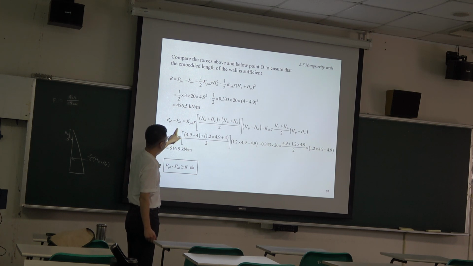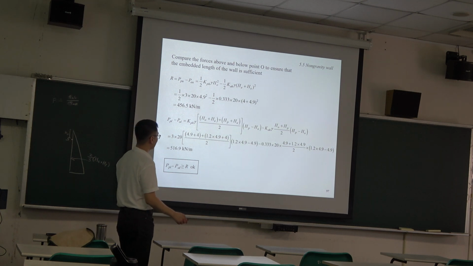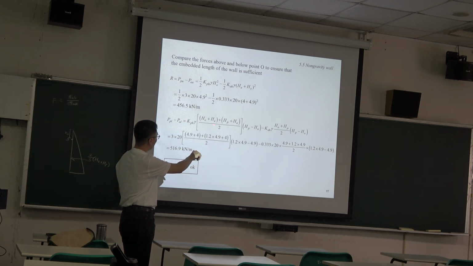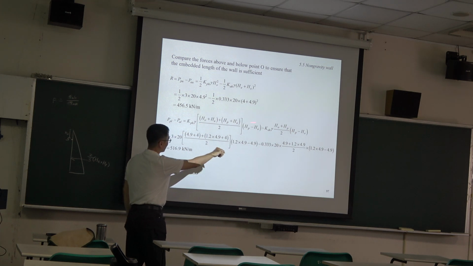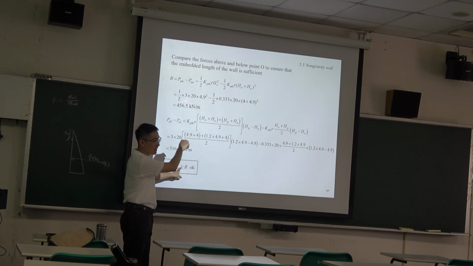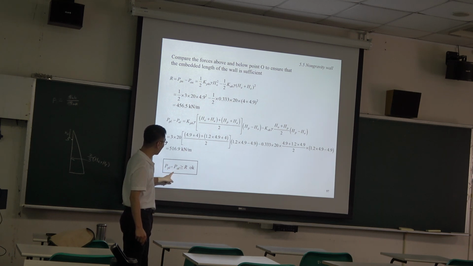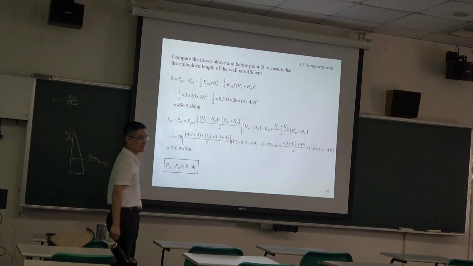Then we check the bottom side. We put the value into it, and we work out this difference, compared to the internal force here. That means the resistance provided at the bottom is greater than the internal force, which is a safe condition.